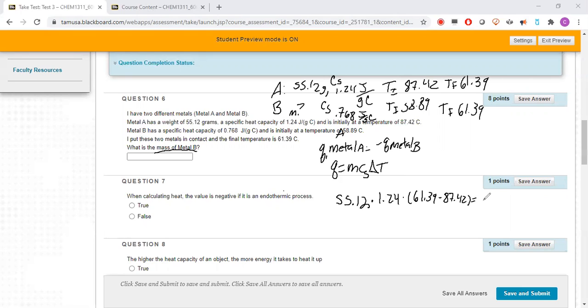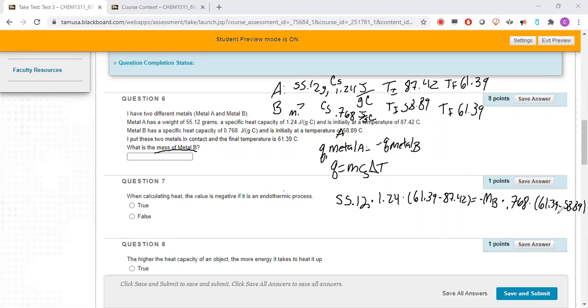This will equal negative mass of B, which we don't know, so I'm just going to call that mB, multiplied by heat capacity, 0.768, multiplied by delta T, final minus initial, 61.39 minus 58.89. And we need to solve for mass of B.